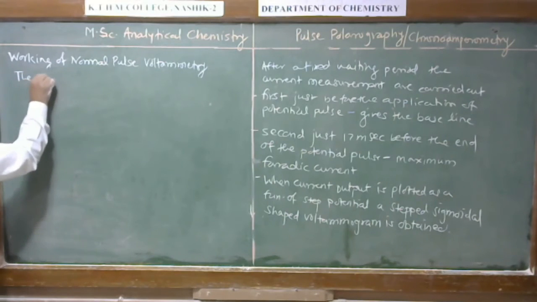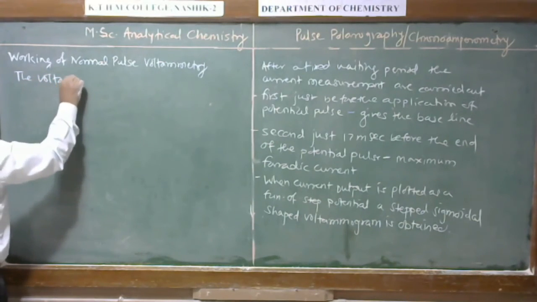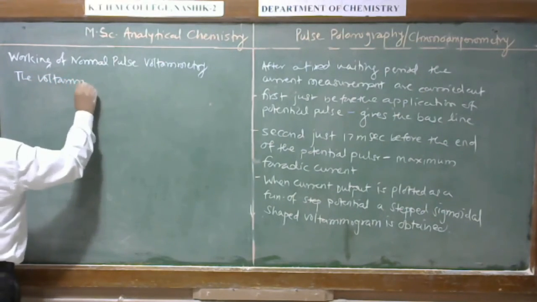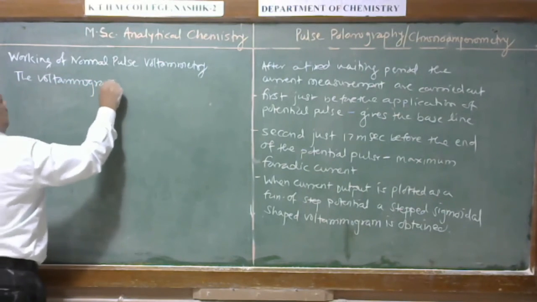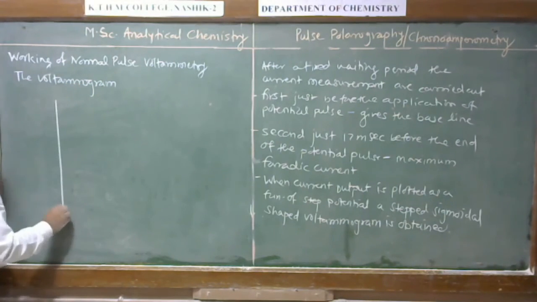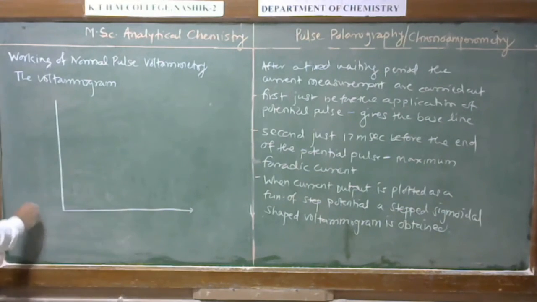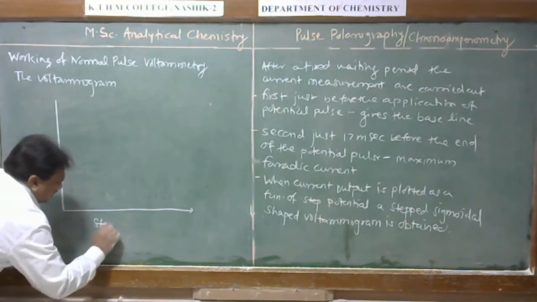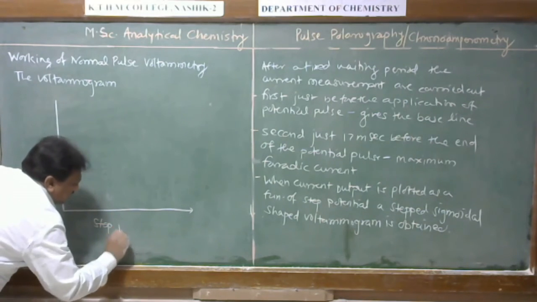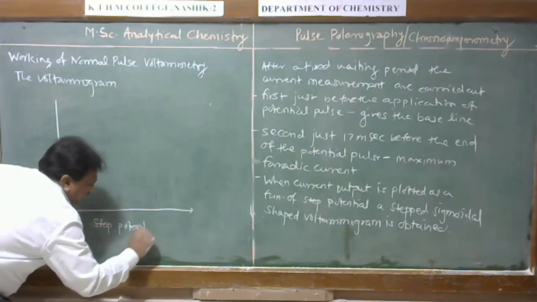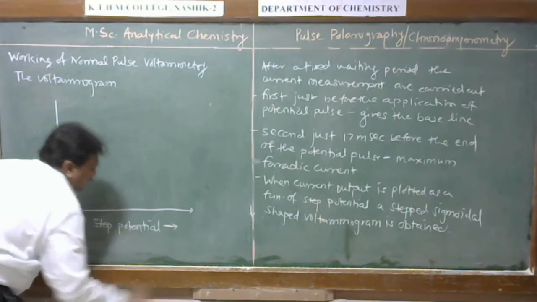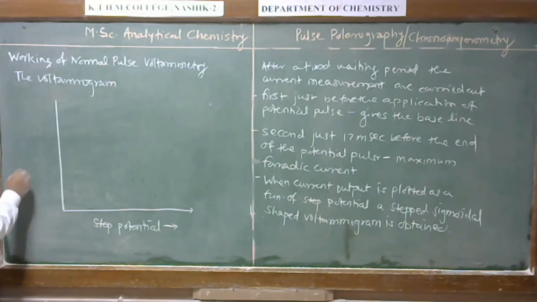The voltammogram is a current as a function of step potential. Step potential means which we are increasing successively during the application of potential pulse, and this is a current in microampere.